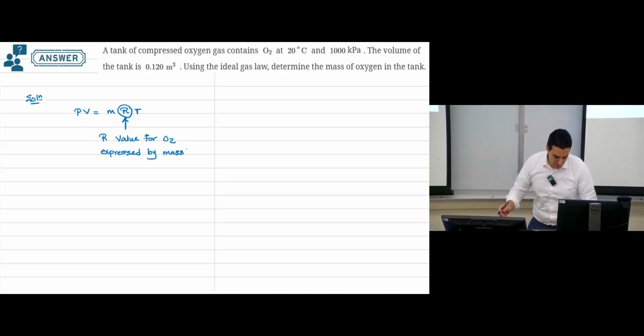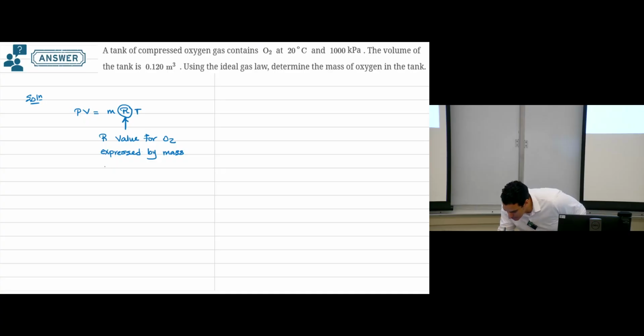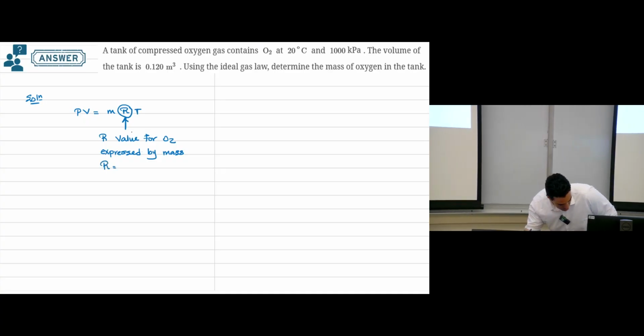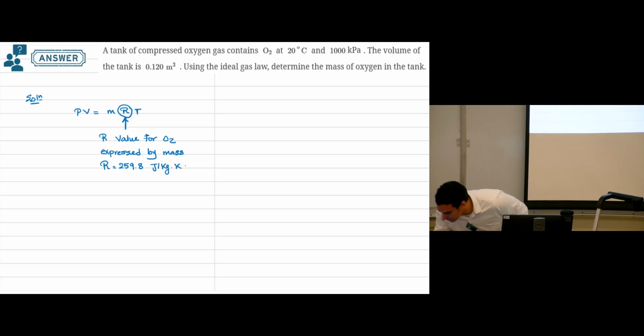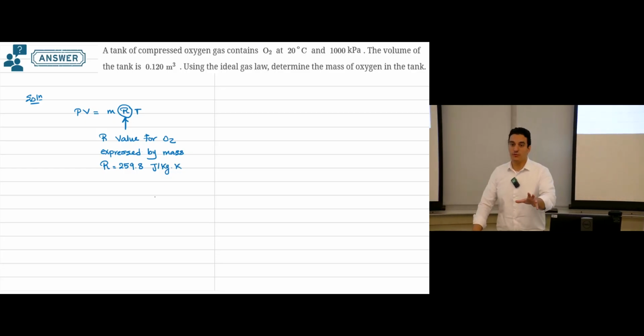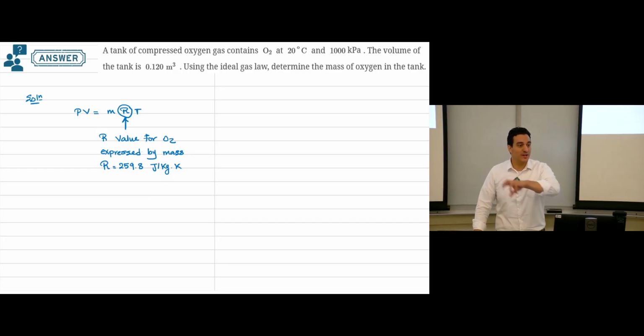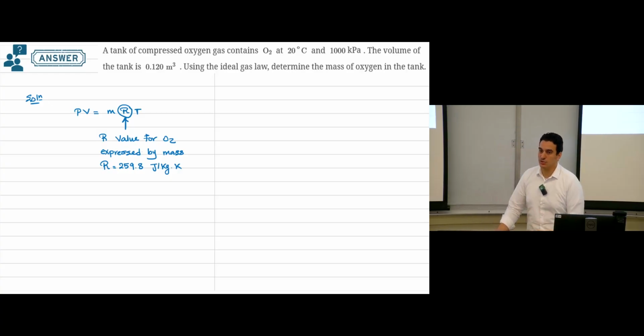For oxygen, the value of R per mass is 259.8 joule per kilogram Kelvin. So there is a value of R expressed by mass for every substance. This is a constant number for every substance, so you can use it directly.